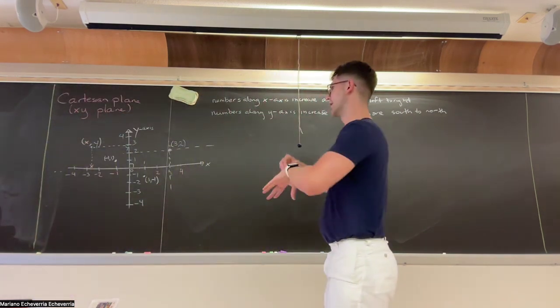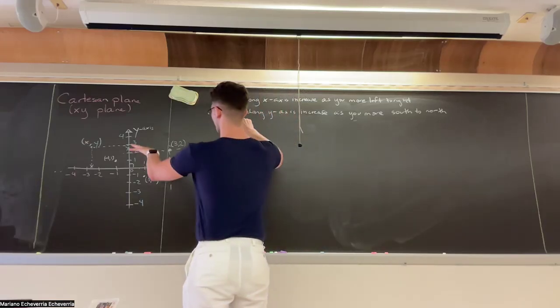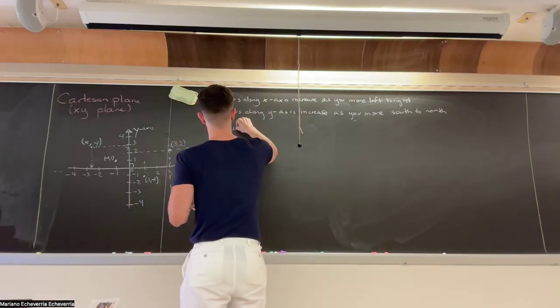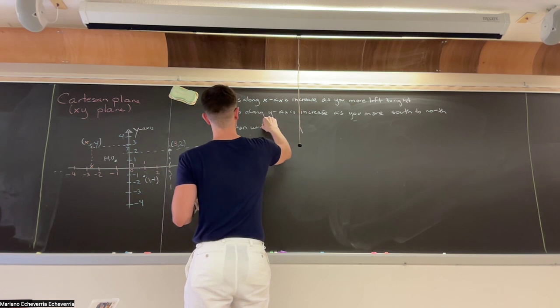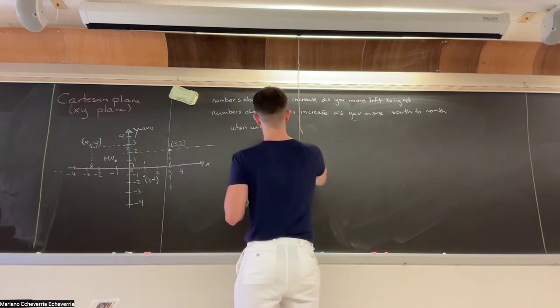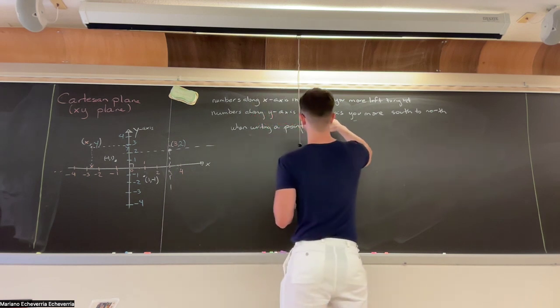So in general, when writing a point on the plane, it's x comma y.